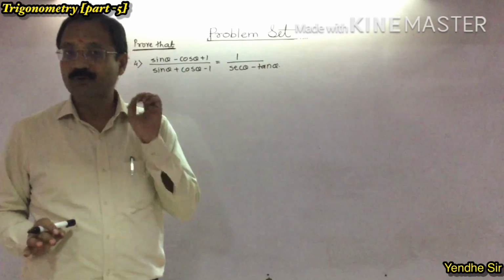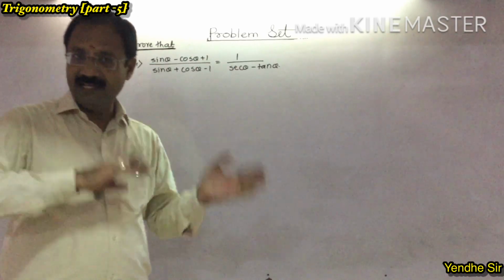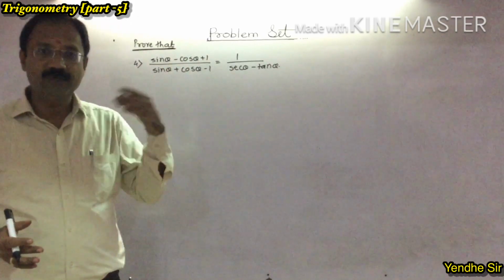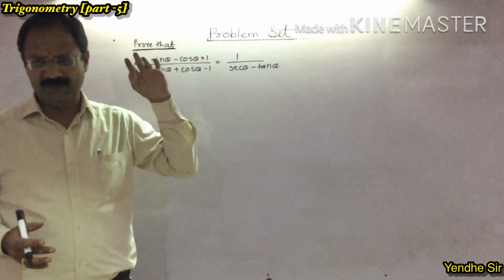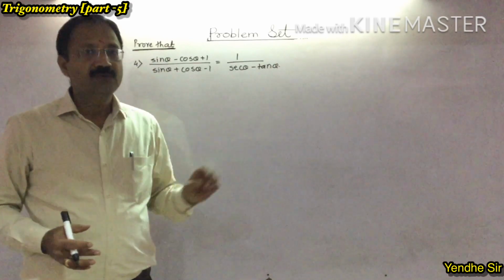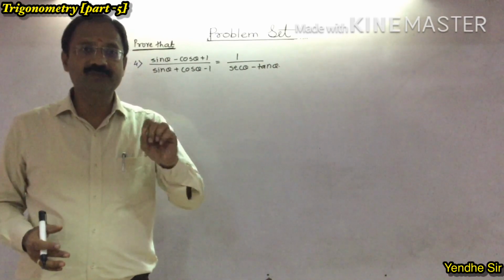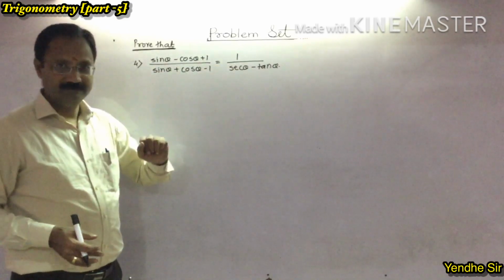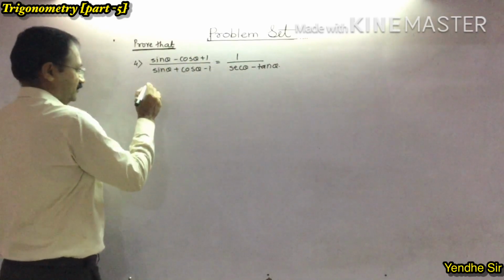I told you how to find this one. In the LHS or RHS, it will be given like sin theta plus cos theta minus 1 or plus 1. Okay? And then you have to use the opposite side of that one. So I am going to use this one. Okay, this is the RHS.